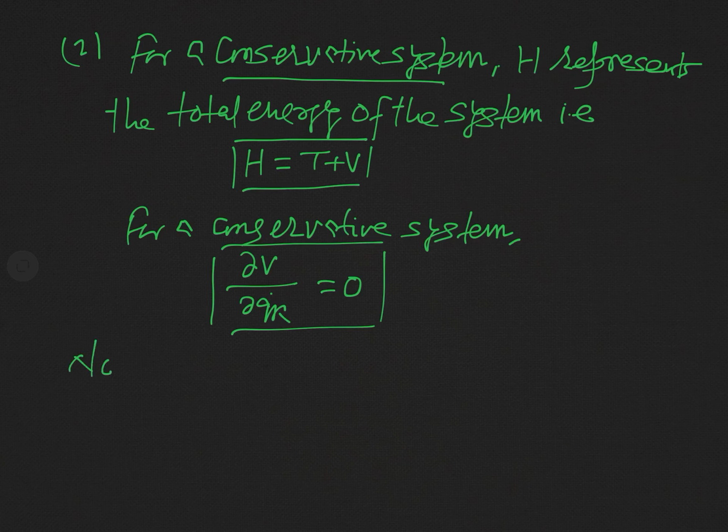And now from the definition of Hamiltonian, we have studied that H is equal to summation over k pk q̇k minus L. And we can write it summation over k.